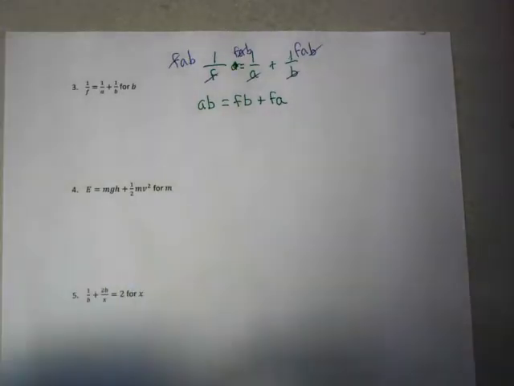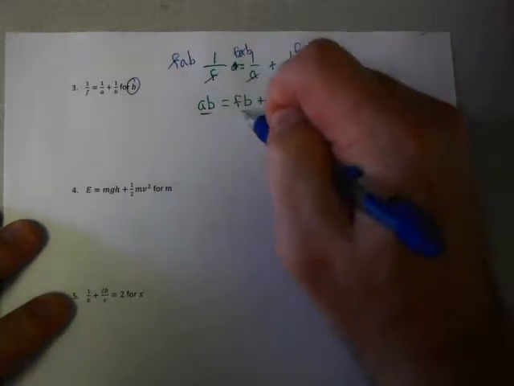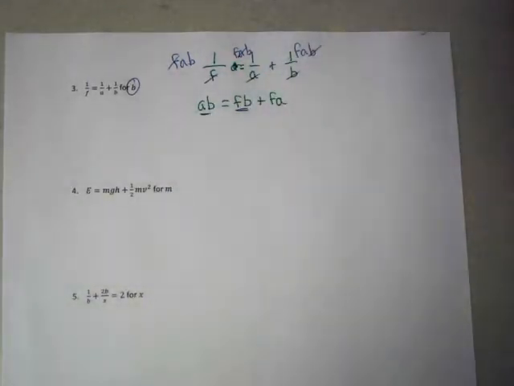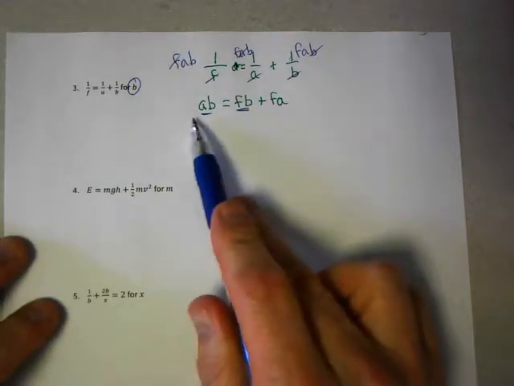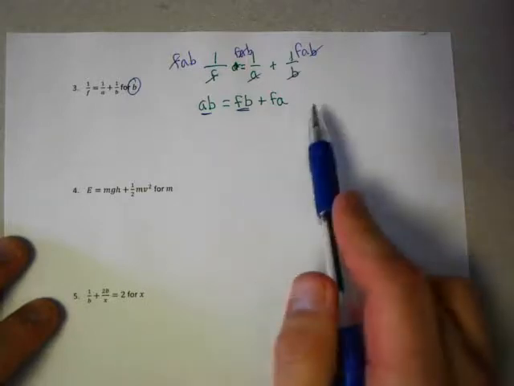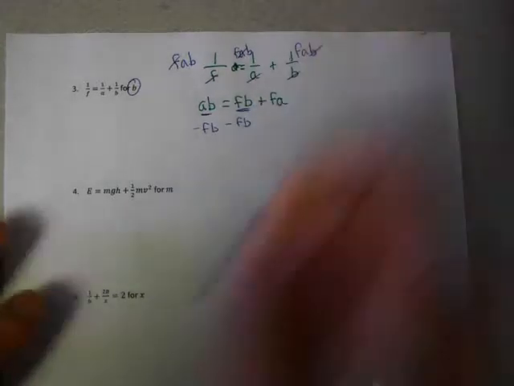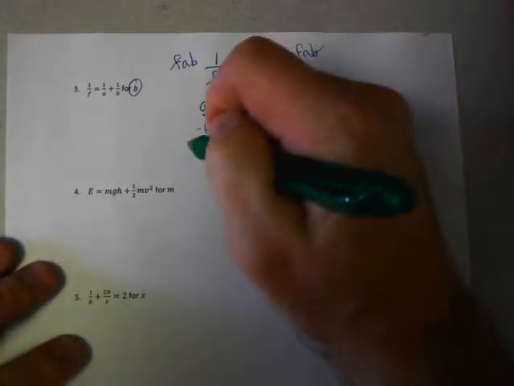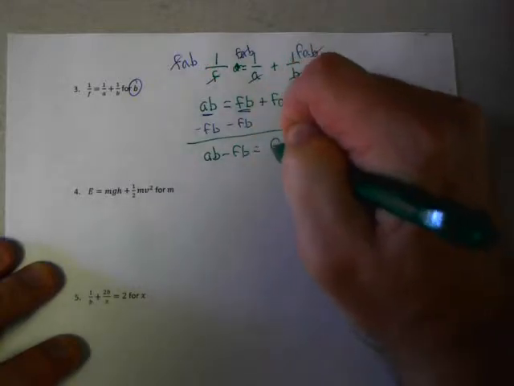Alright, now what I notice is I'm trying to solve for b, and I notice I have two things that have b's in them. So we've got to do like we did last time. When we have two things that have b's in them, we want all the pieces with b on one side, all the pieces without b on the other. In other words, I need to subtract fb on both sides. ab minus fb equals fa.